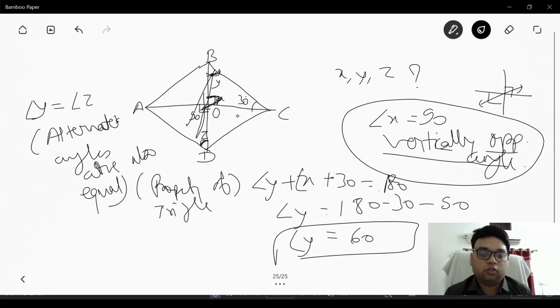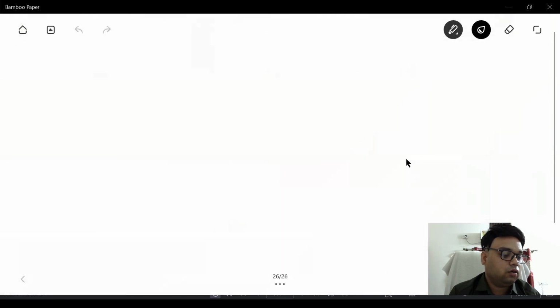You need better clarification of which is vertically opposite and which is alternate angle. This is only possible by more and more practice. So you need to practice a lot, then it is easy for you to differentiate the different properties of the figure.